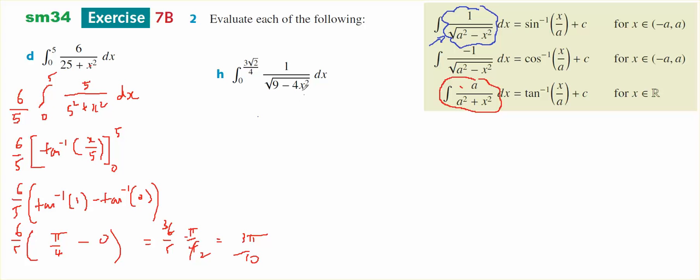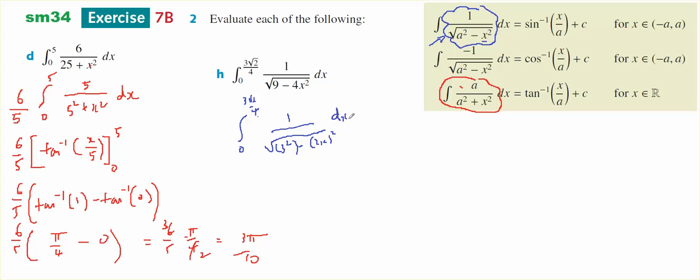So I have to be a little bit careful here, because if I make the x component the bit component, so if I go the integral from 0 to 3 root 2 on 4 of 1 over the square root of 3 squared minus 2x all squared, the derivative of 2x all squared is 2 dx.